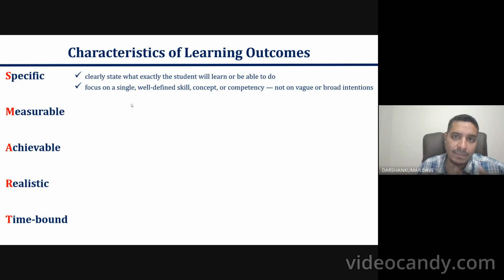By understanding, you will not be able to see whether he has really understood or not, because climate change includes various aspects: pollution, sustainability, recycling. Which aspect we are talking about is not given here. That is why we say understand is not a measurable word. You cannot measure whether he has understood or not.